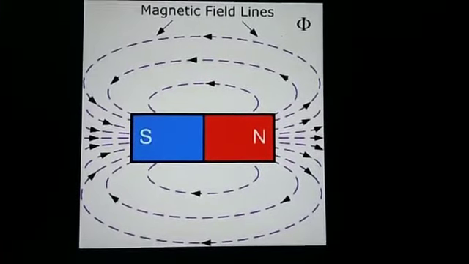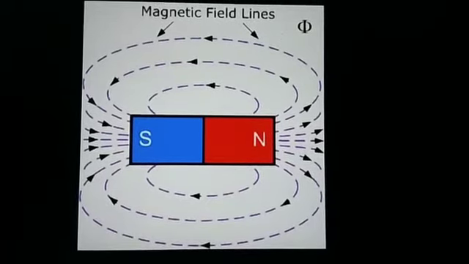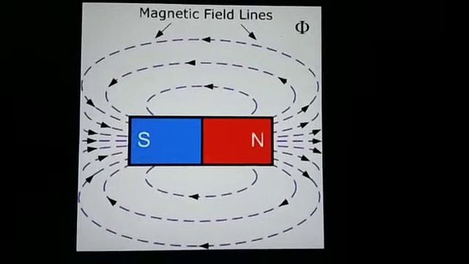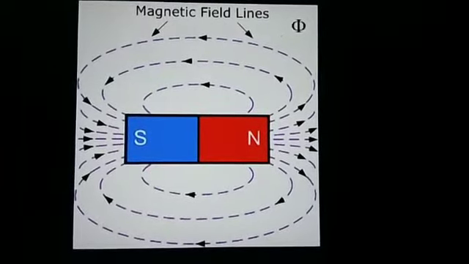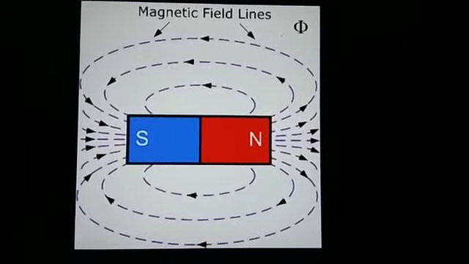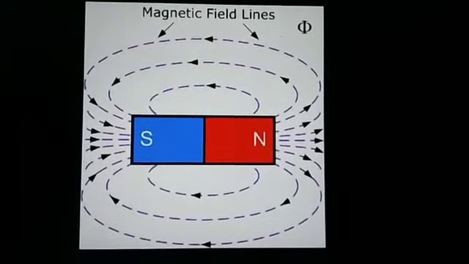The magnetic field lines: inside the magnetic field, the force exerted by a magnet can be detected using a compass or any other magnet. Then the magnetic field is represented by the magnetic field lines. It has both magnitude and direction. Do you understand?